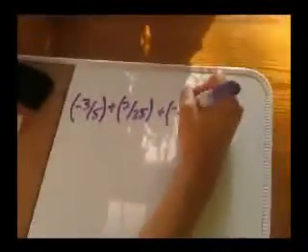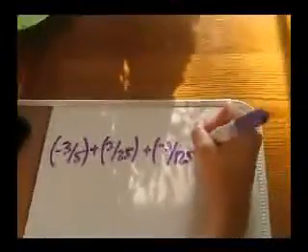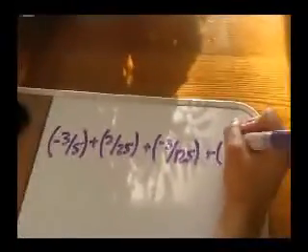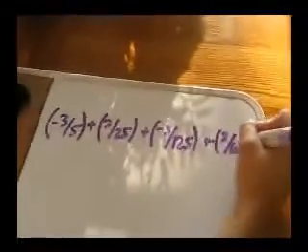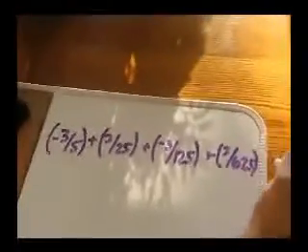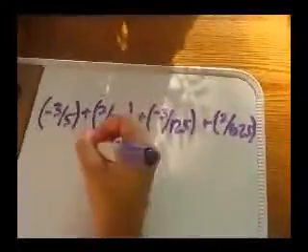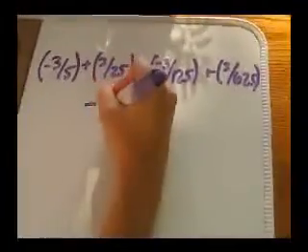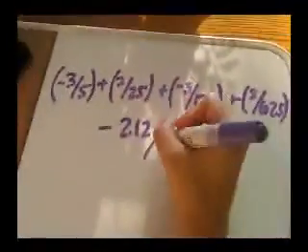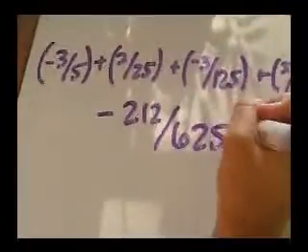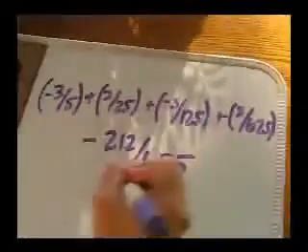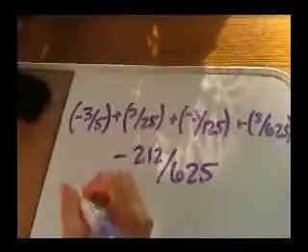Don't doubt my abilities. So when you add all that up, you get negative 212 over 625. But there's another way. Alright, show me.